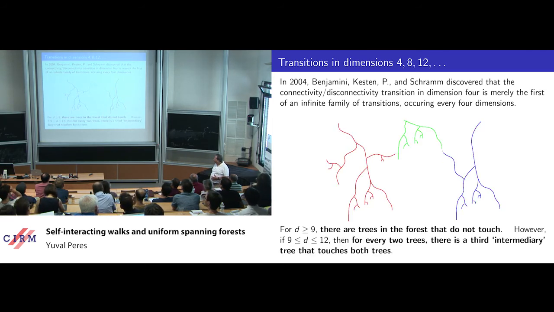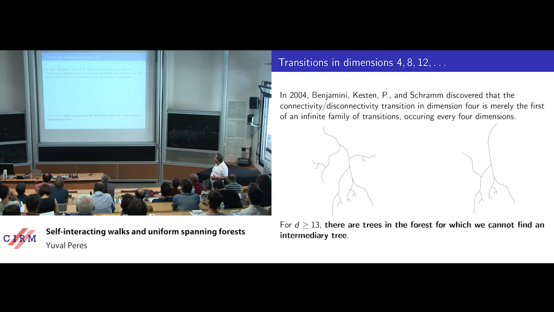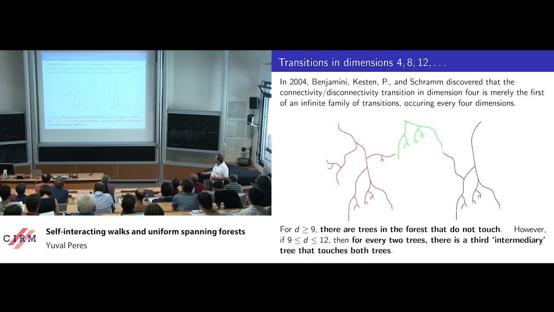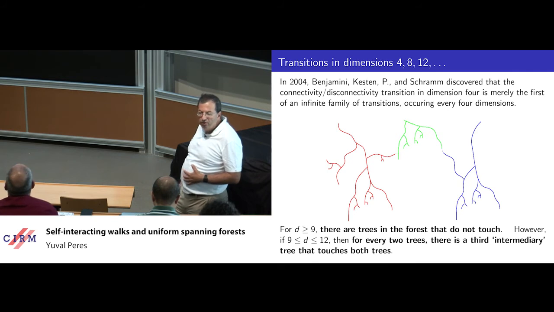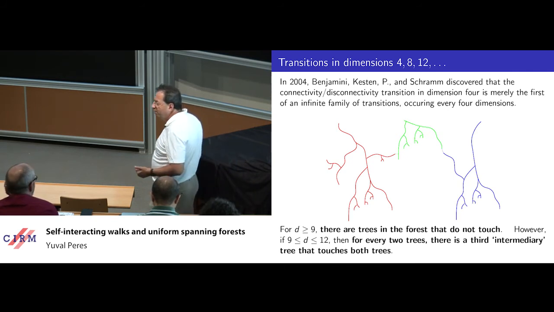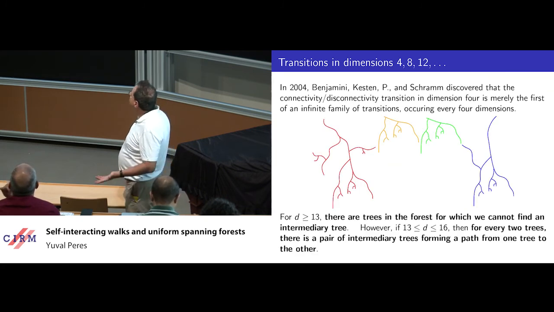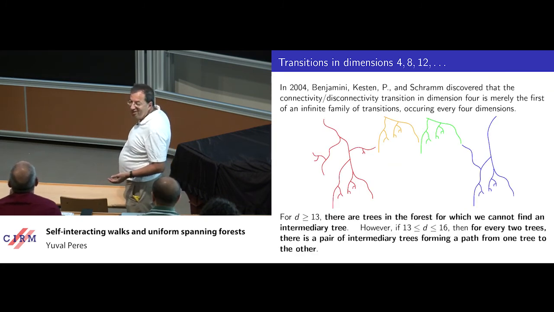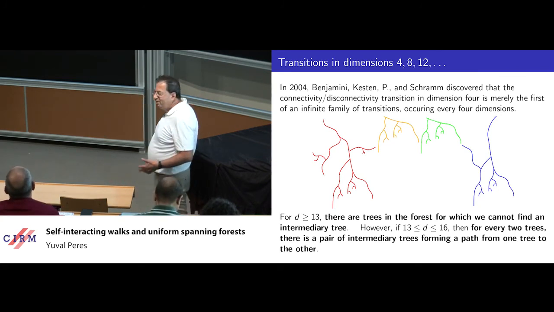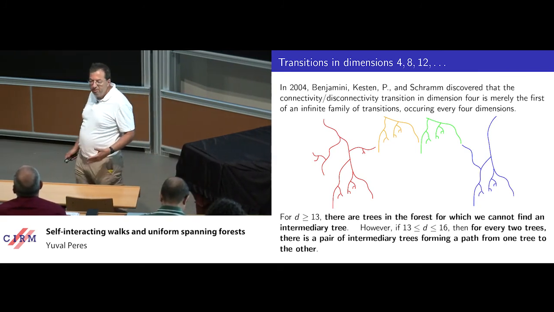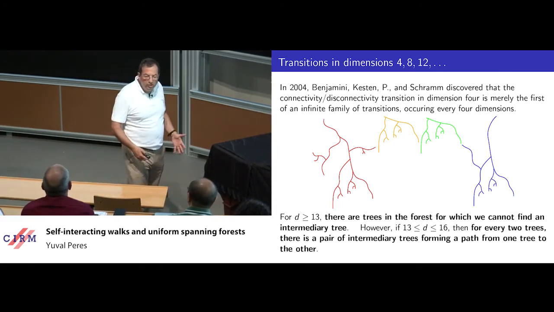And this is true in any higher dimension, but until dimension 12, we have a substitute, namely, for any two trees in dimension 9 to 12, you can find an intermediary. There is some other tree which is adjacent to both. Okay, this is true up to dimension 12, but it breaks down in dimension 13. But in dimension 13, you can find two intermediaries. And you get the picture. So there is a phase transition every 4 dimensions where you need one more intermediary.